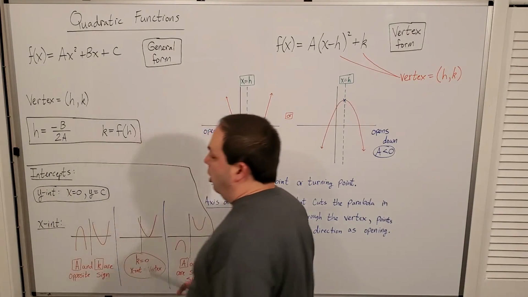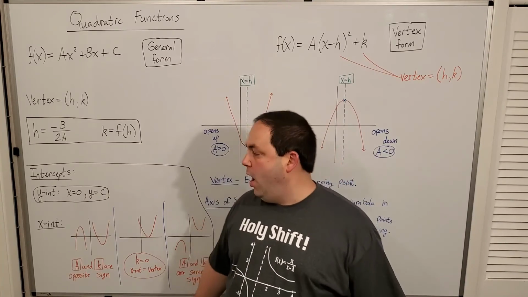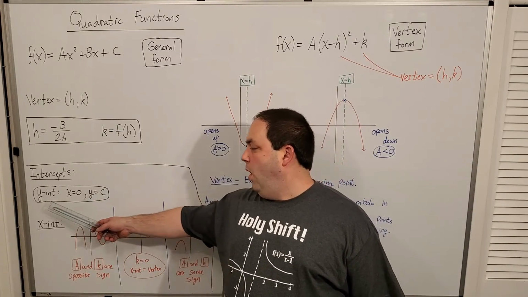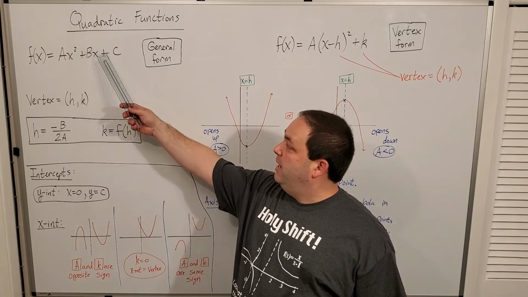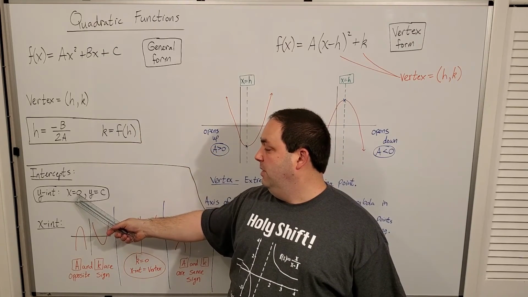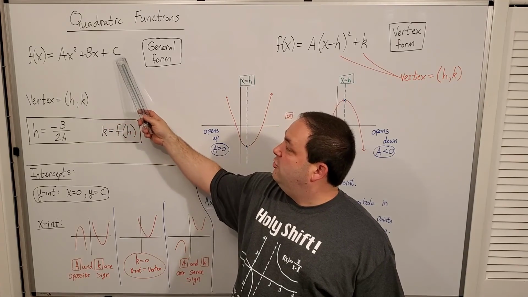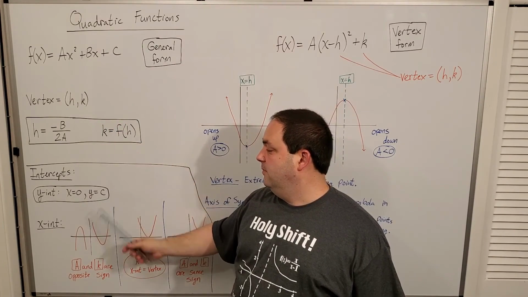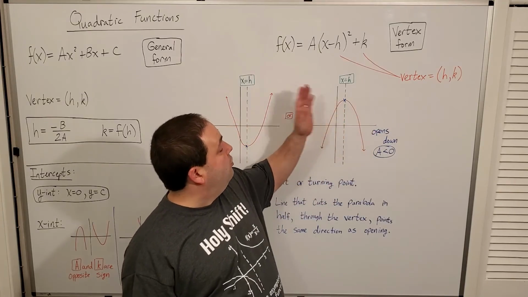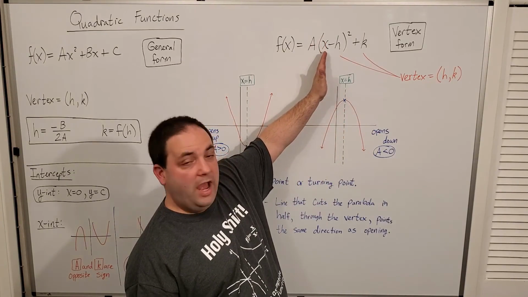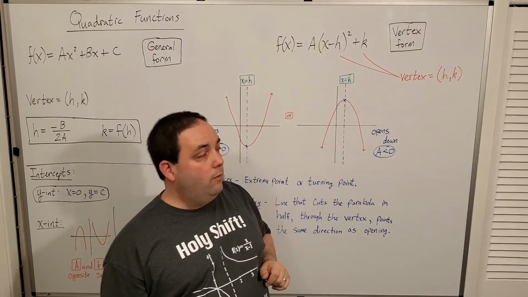Of course, you'll also need to find x and y intercepts. The y-intercept in general form, by the way, is quite simple because x is 0, so these pieces zero out, and you're just left with the c value. In vertex form, you'll have to calculate, plug in 0 for x, and then compute the rest out.